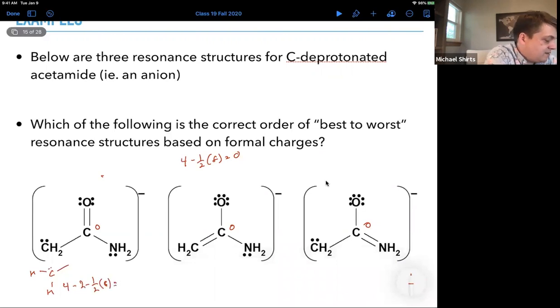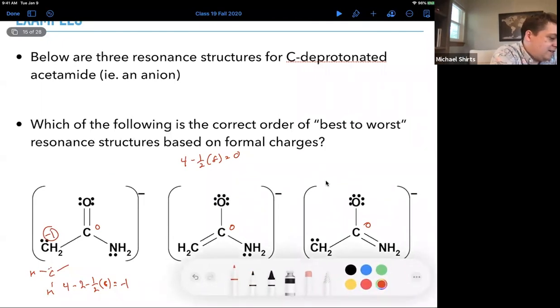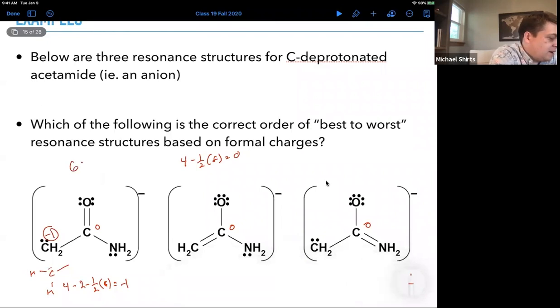That gives us a -1. So there's a -1 formal charge there. Up on top, this oxygen has a valence number of 6, minus 4 electrons in lone pairs, minus 2 electrons in bonds, and that gives us 0.